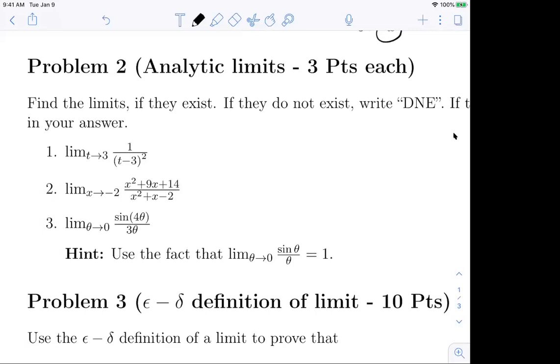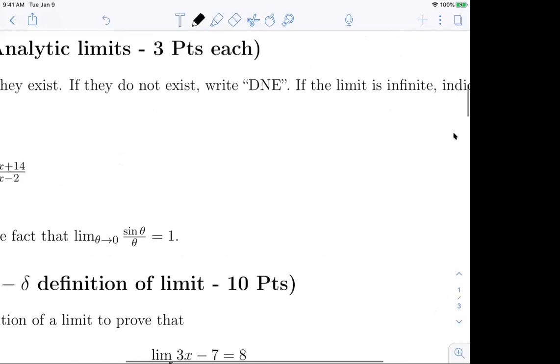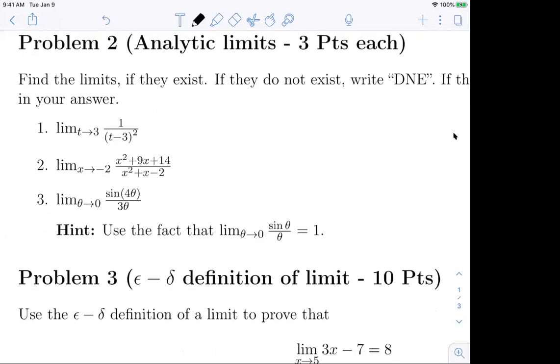It does not exist. In my instructions, if the limit is infinite, indicate this in your answer. So D and E would get you partial credit here, but we can say a little bit more. So 1 divided by 0 usually means one of 3 things is happening.